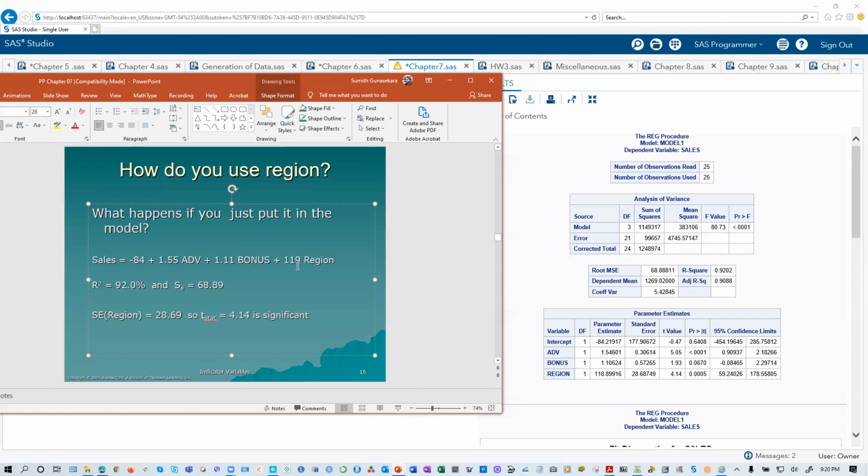If you pick another sample from the same population with the same number of data points and run this regression, you're not gonna get 119 for the B3. You get different values. Because of the randomness, it will have its own standard error and be fitted into a distribution as well. We did that discussion broadly, so remember that.